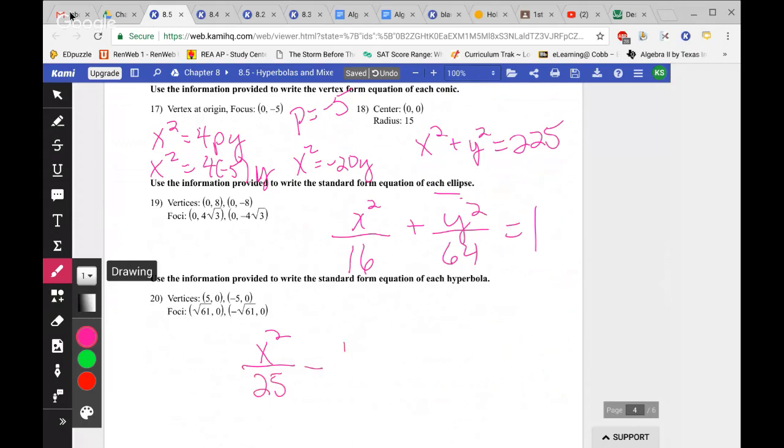The middle operation is subtraction on a hyperbola, and it always equals 1. To find out what this b squared is, I've got to use the Pythagorean theorem, essentially. The square root of 61 squared is 61, equals 25 plus b squared. I'm going to subtract 25 from both sides, and that gives me 36. So 36 equals b squared, and that's my final answer.